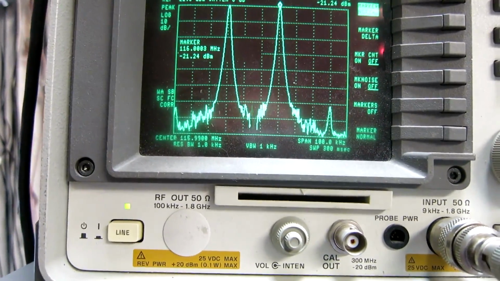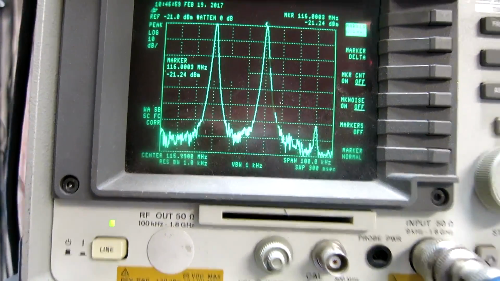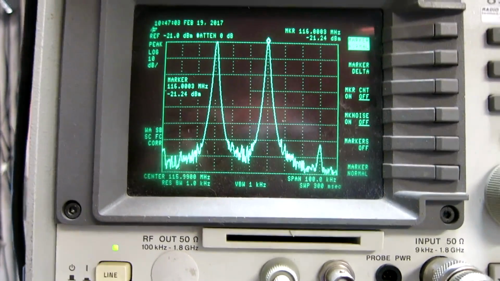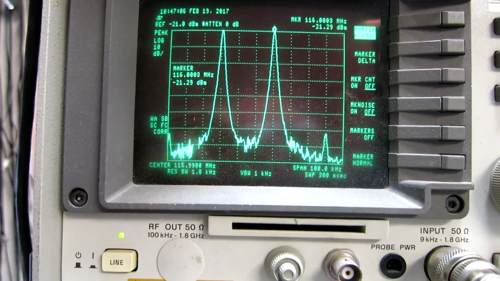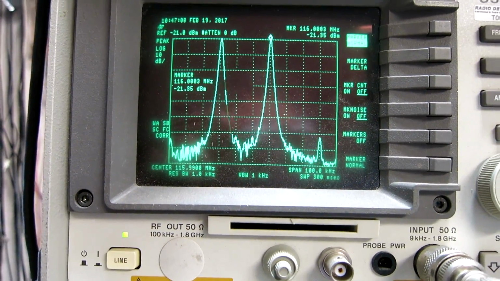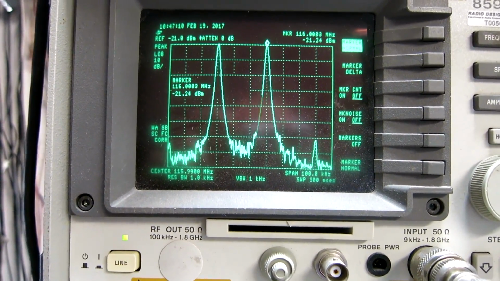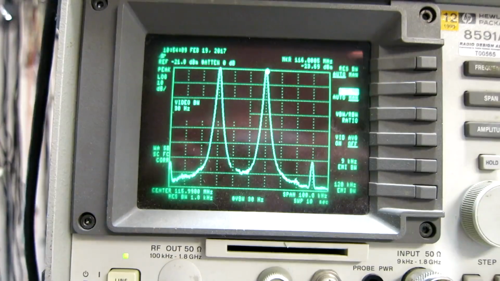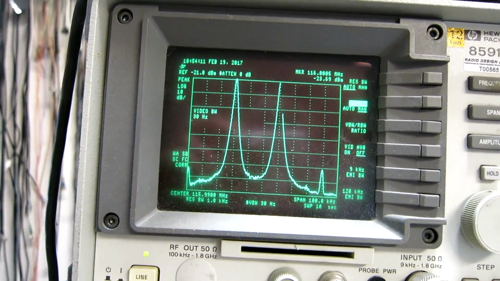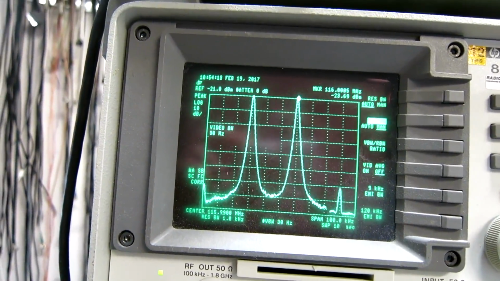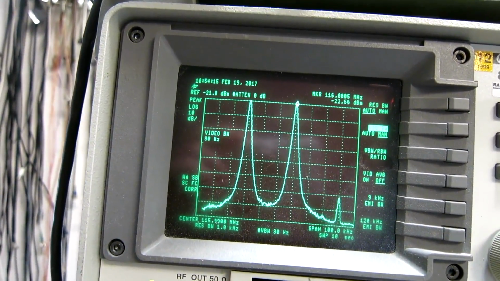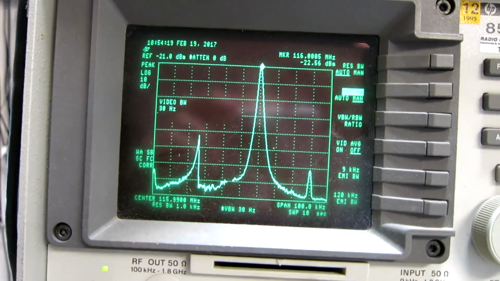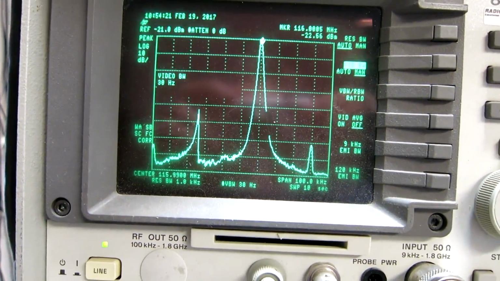I will measure the level of the test signal that I know is 50 dB below the crystal oscillator, and I will do that every 10 kHz below the crystal oscillator. I can now switch off the signal that is 50 dB below the crystal oscillator and look at the noise floor of the crystal oscillator.